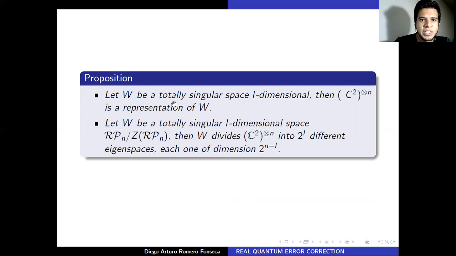So if W is a totally singular space of dimension L, then the n-qubit space is a representation, and is still a direct sum of the eigenspaces, which will have dimension 2 to the n minus L.